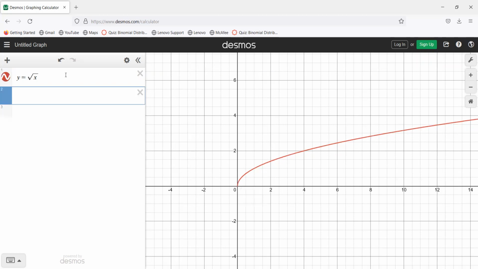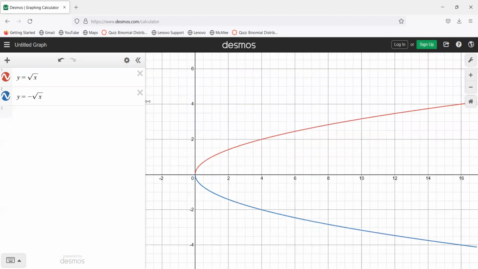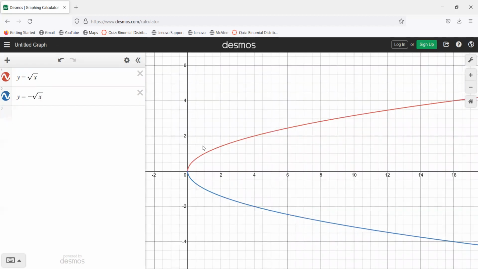Now, what do you see here? Y equals negative square root of x. Do we have a mirror image of the red graph with respect to the x-axis? What did I do? These are your y values, positive y values. If I plug in 0, I get 0.